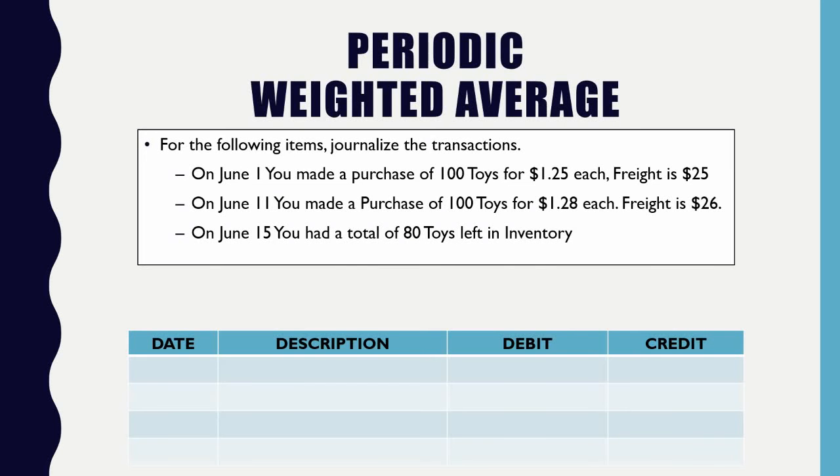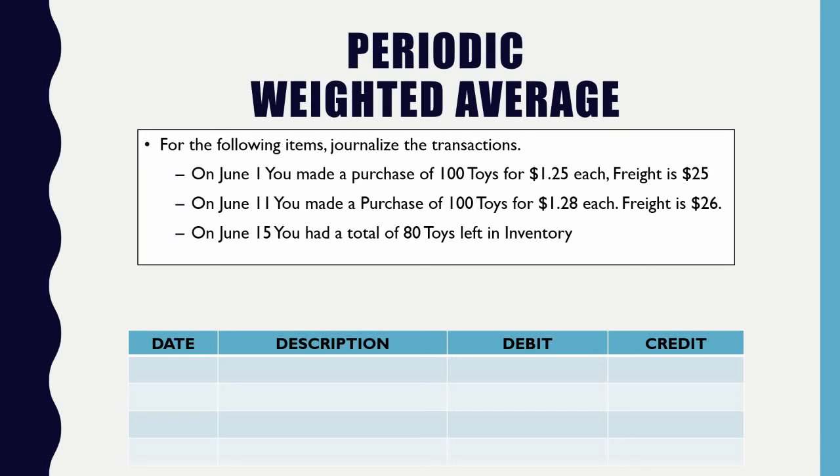So in this case, let's take a look at our example, where we purchased on June 1st 100 toys at $1.25 with a freight of 50. And of course, on June 11, we purchased another set of 100 toys at $1.28 with a freight of 26.